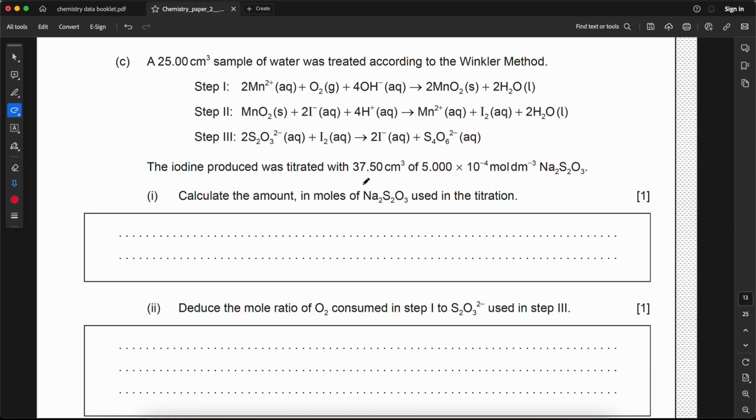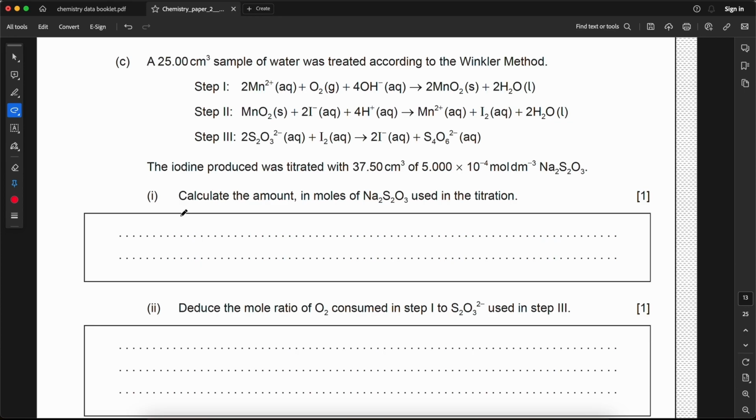A 25 centimeter cube sample of water was treated according to the Winkler method. These are the reactions, and the iodine produced was titrated with 37.50 centimeter cube of 5 times 10 to the power negative 4 sodium thiosulfate.